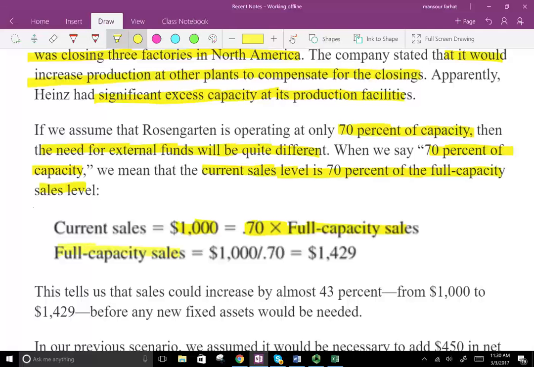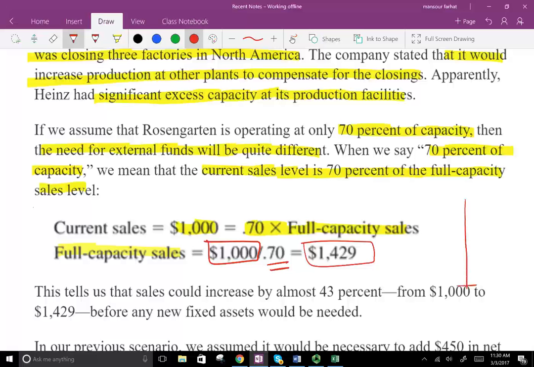To figure out the full capacity sales, you take your current sales divided by the capacity used. So if we take 1,000 divided by 70%, it's going to give us full capacity sales. If they're using 100% of their capacity, their sales should be 1,429.